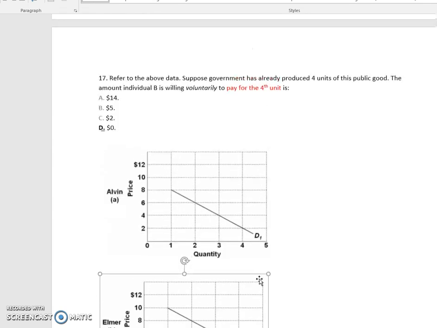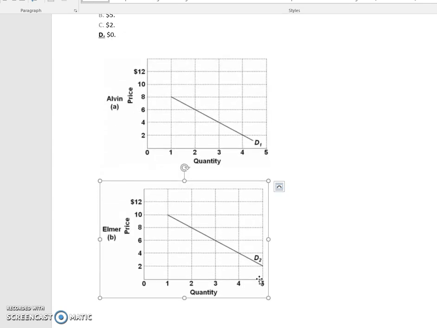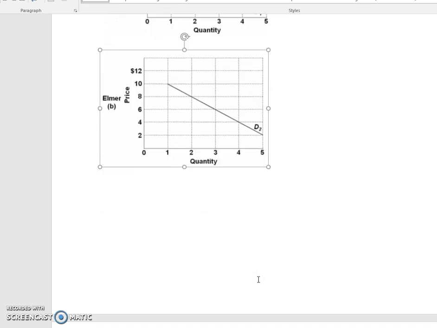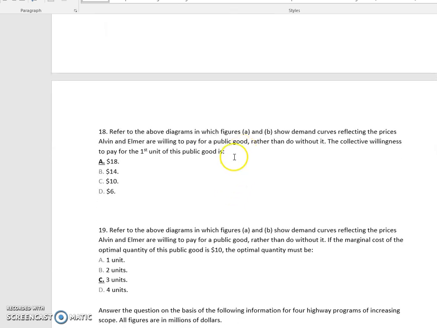So this is Alvin panel A and Elmar panel B. Now the next thing is, refer to the above diagrams in which figures A and B show demand curves reflecting the prices Alvin and Elmar are willing to pay for a public good, rather than do without it.